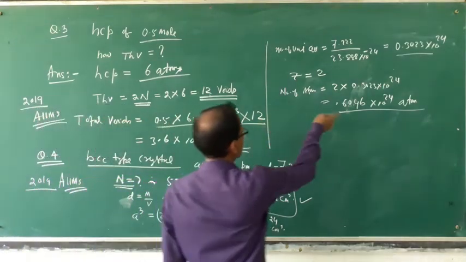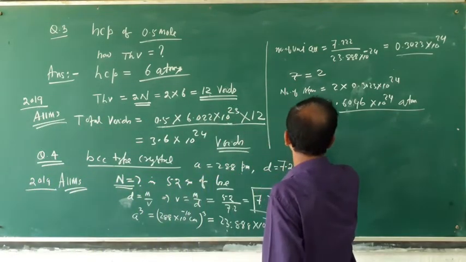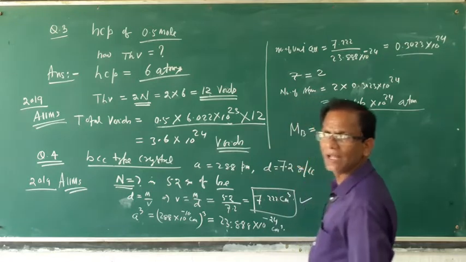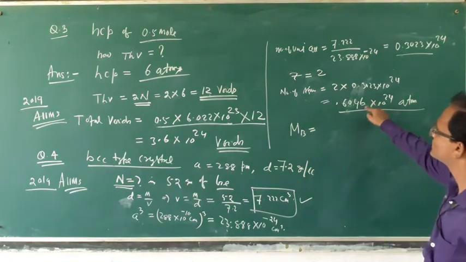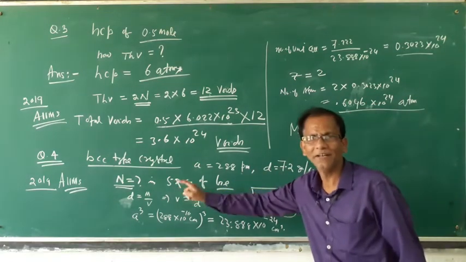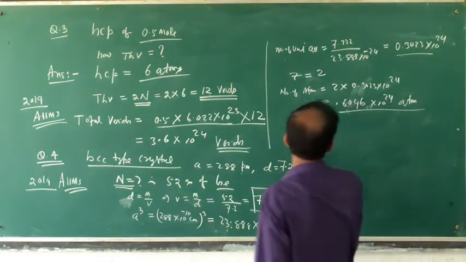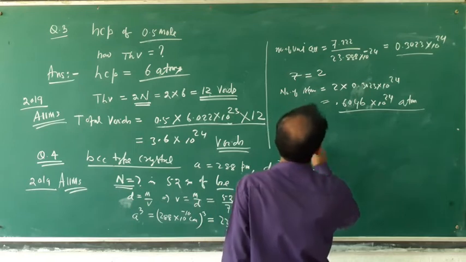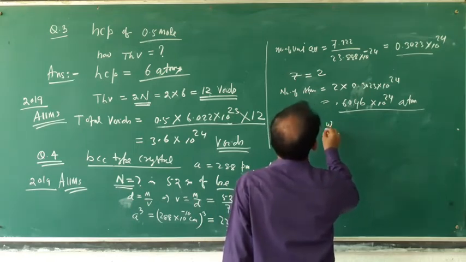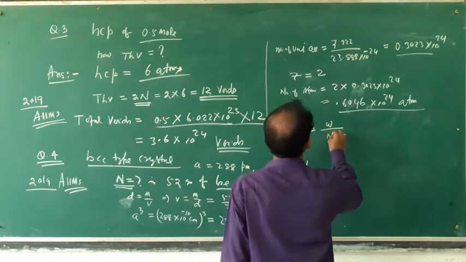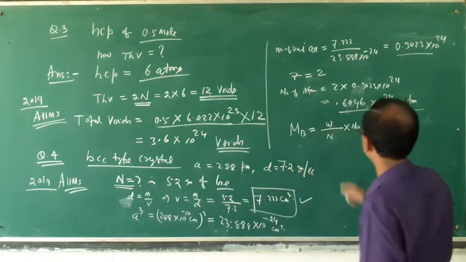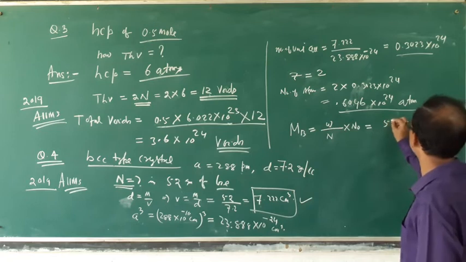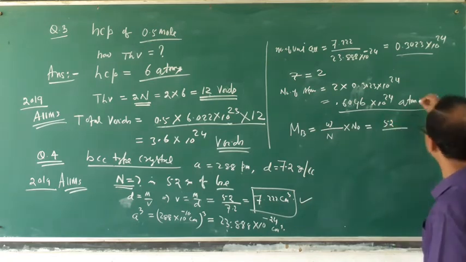If molar mass is asked, the number of atoms is given and for this much of atoms the mass is given. Then what is the molar mass? Molar mass is equal to W by N into Avogadro's number. This is the formula. So W here is 52.